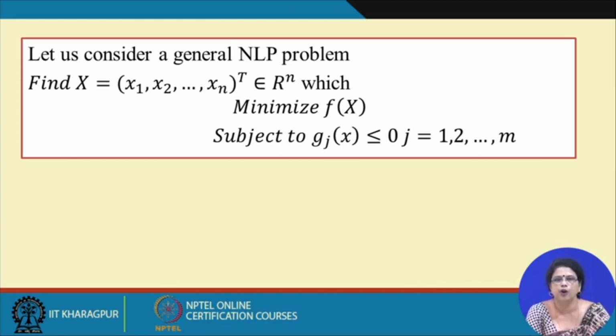Now, for a minimization type of problem, we are considering the penalty function as a positive penalty function, because we are trying to minimize the objective function as well as the penalty function. In the penalty term there are two components, one is the penalty parameter and the other is the penalty function.